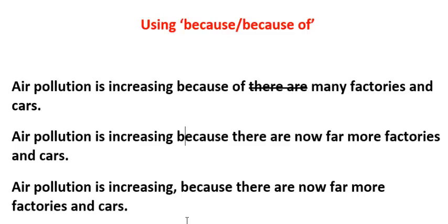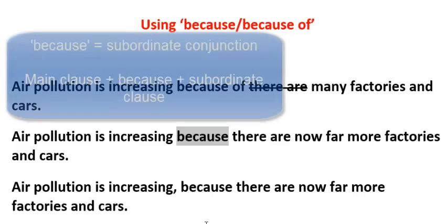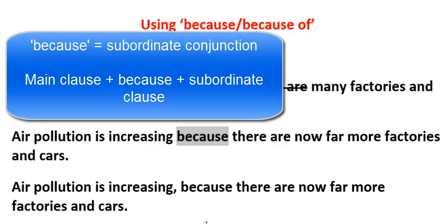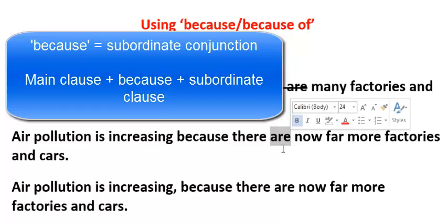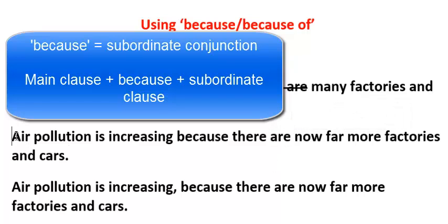Okay, let's read it and see if it's okay. Air pollution is increasing because there are now far more factories and cars. So what we did effectively was change this because into a conjunction, joining the two clauses in our sentence. After because, we have our subject and our verb. So this is good.